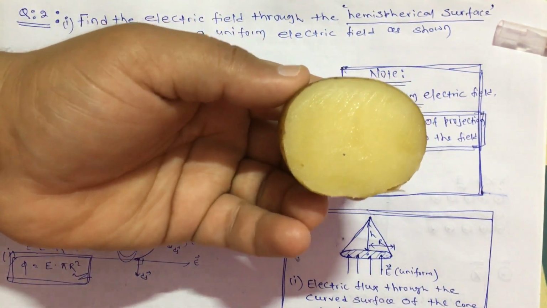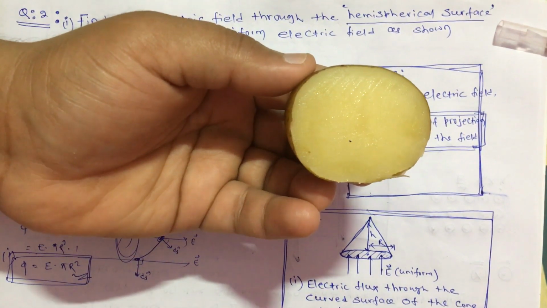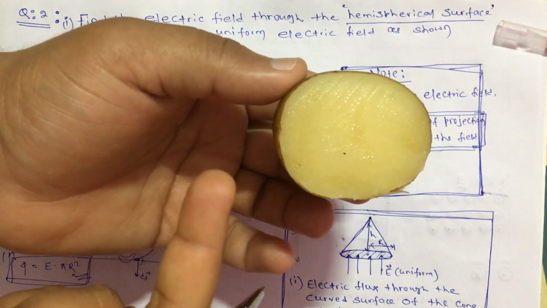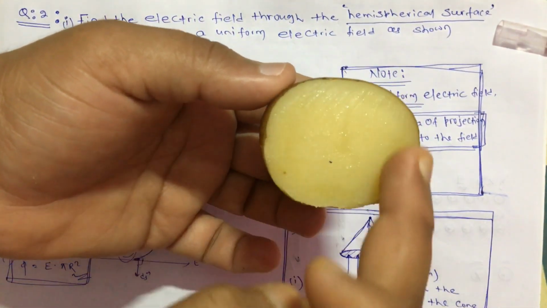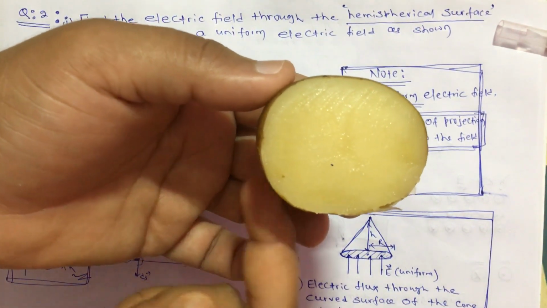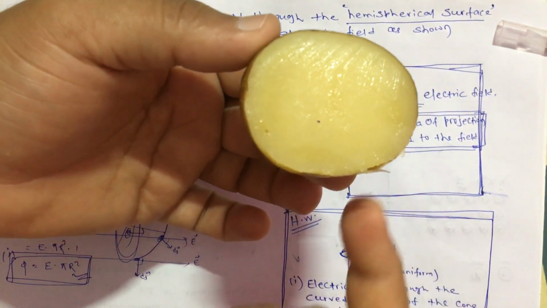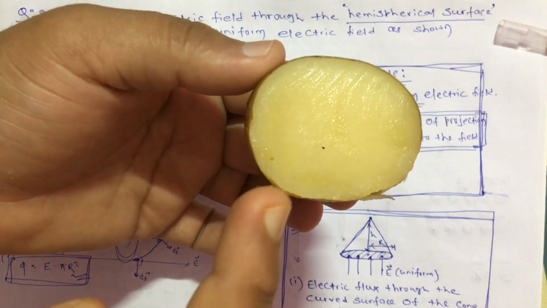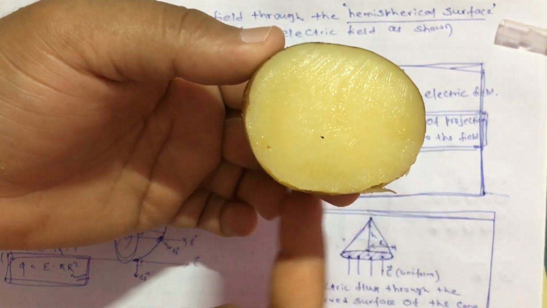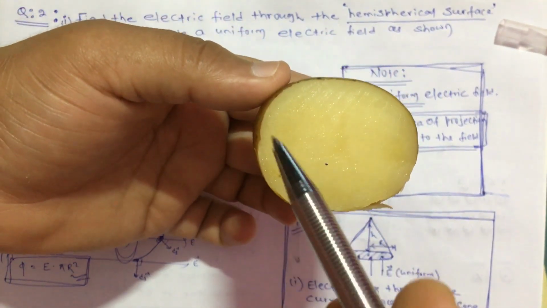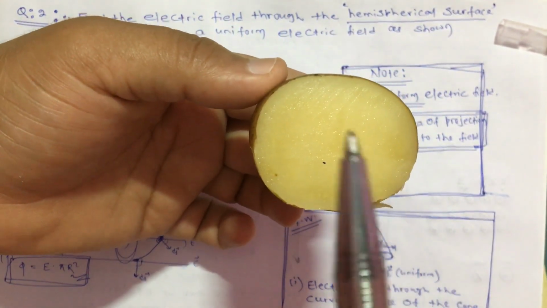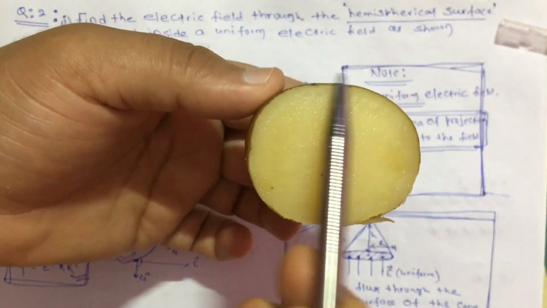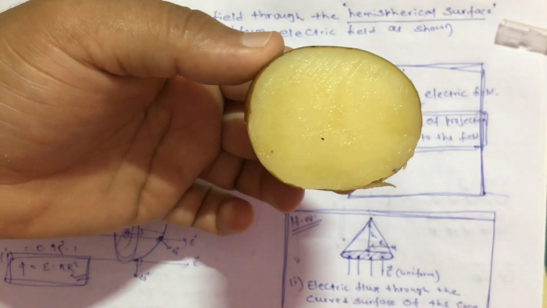Only this flat surface is visible to you, and I can say that this flat surface is the projection of this curved surface in a direction perpendicular to the field, because the field is coming like this and this surface is perpendicular to the field.